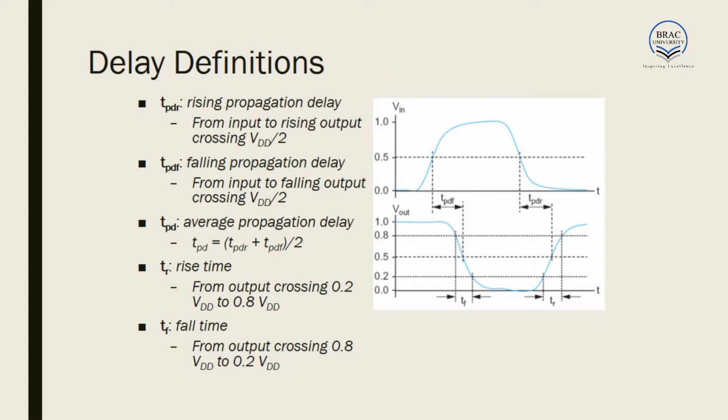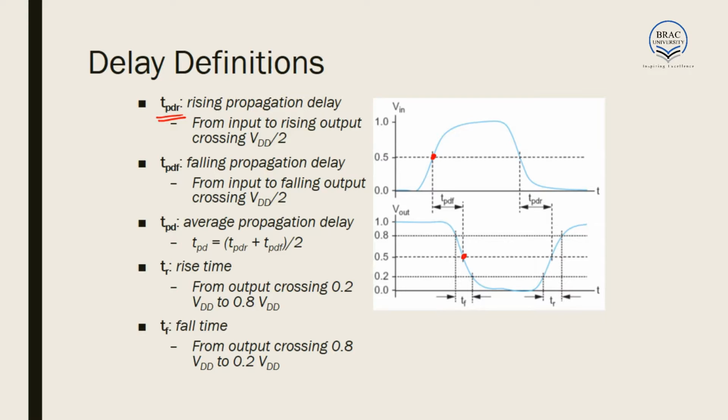Now, when we are considering delays, that is the dependence on time, we have several parameters or definitions which we must follow. Firstly, TPDR, rising propagation delay. It is defined as the time difference between the 50% value of input and the 50% value of output.